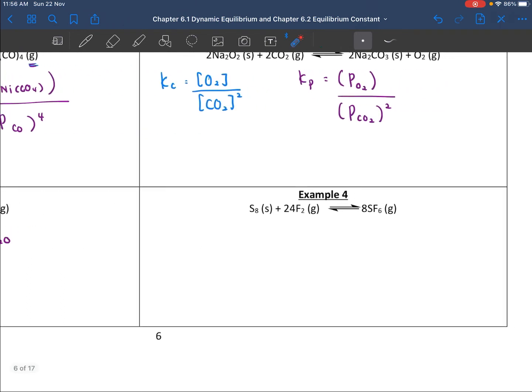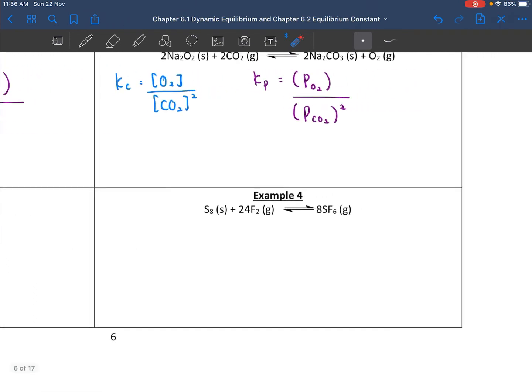Okay, and then last one is this example gas, solid. Okay, so untuk Kc dia equal to concentration of SF6 to the power of 8 over concentration F2 to the power of 24. Punyalah besar.